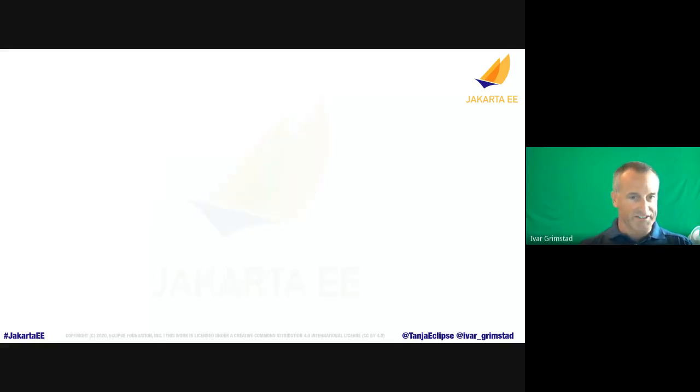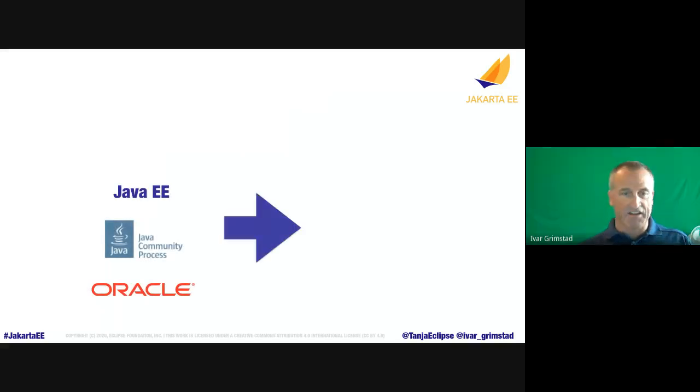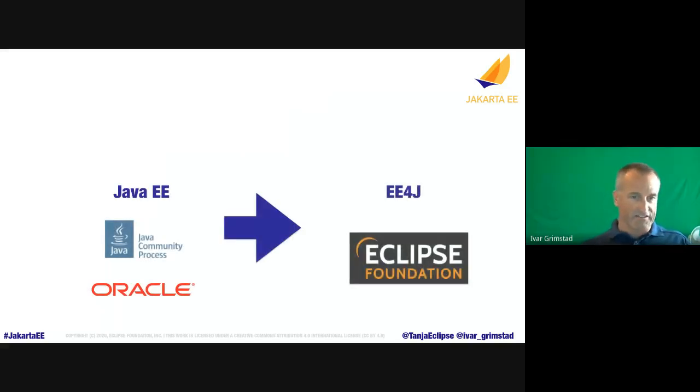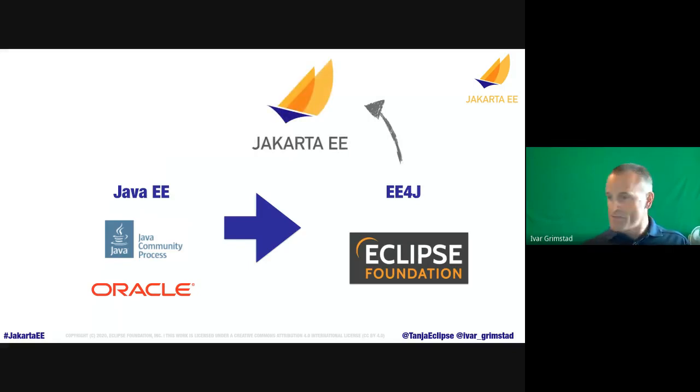The history of Jakarta EE is that it has been known as Java EE under the Java Community Process, run there as an open source project, but under the stewardship of Oracle. Even though it's been open specifications, open source, and everybody can contribute, it's still been mainly influenced by one vendor.